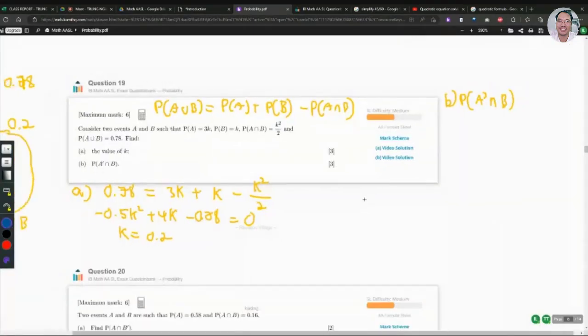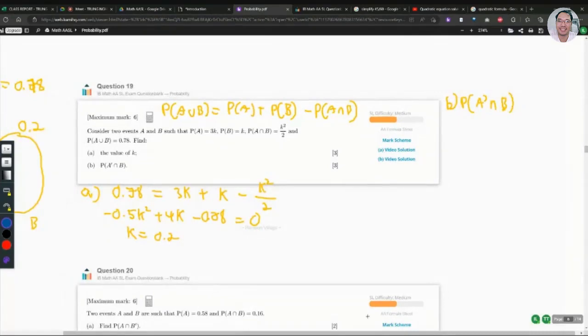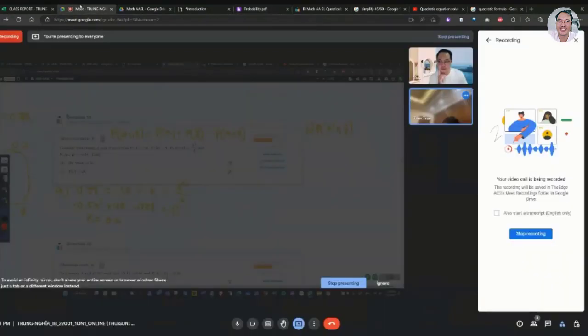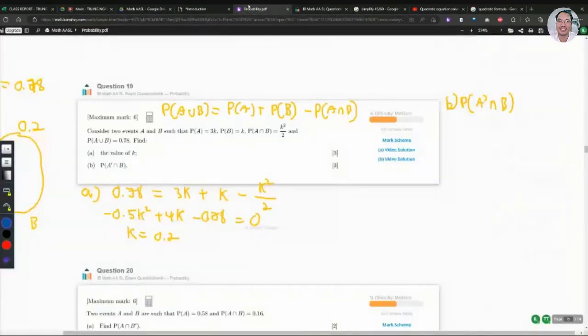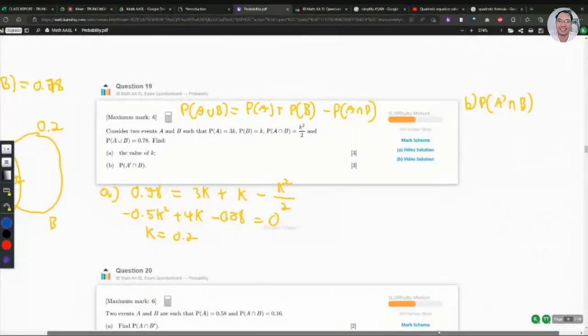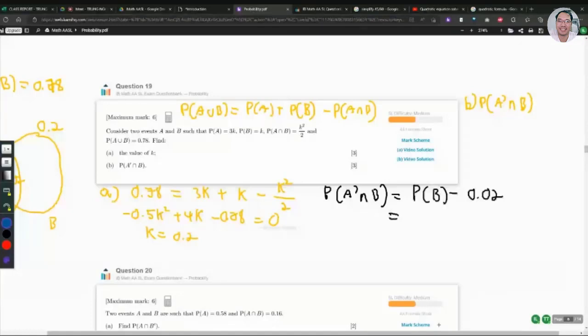P(A) equals to... The probability is given, it is equal to K, and K is 0.2.